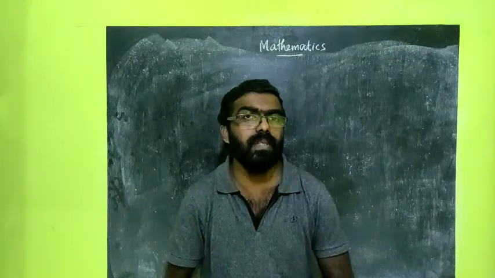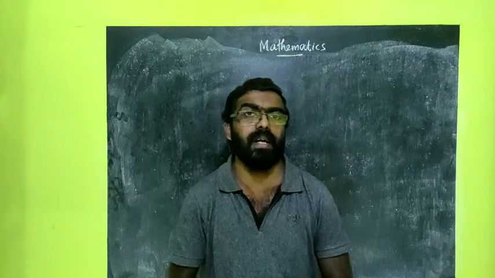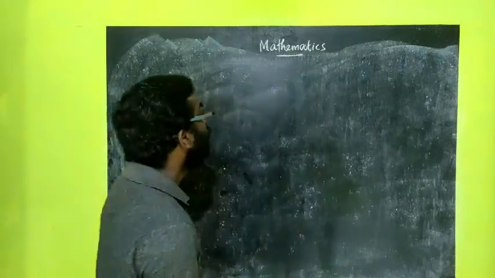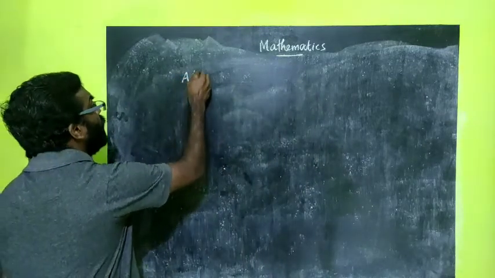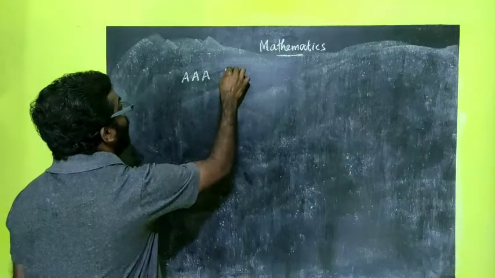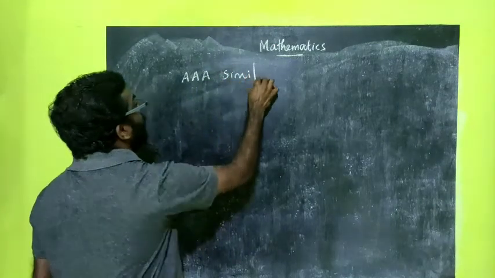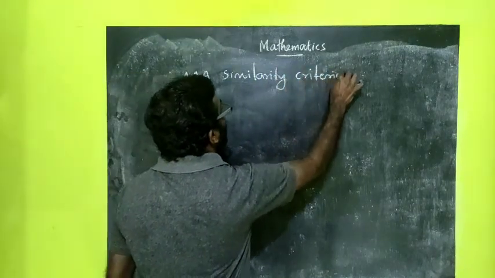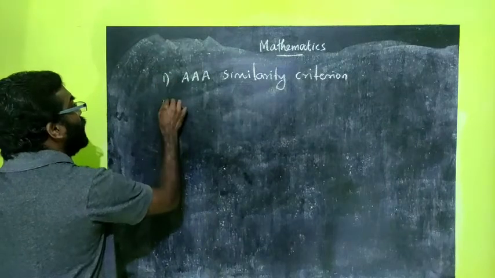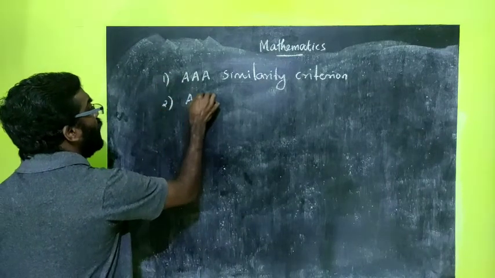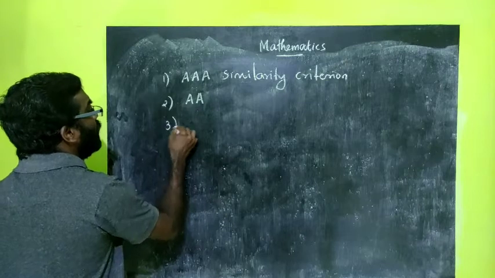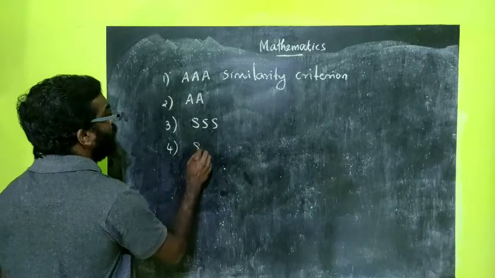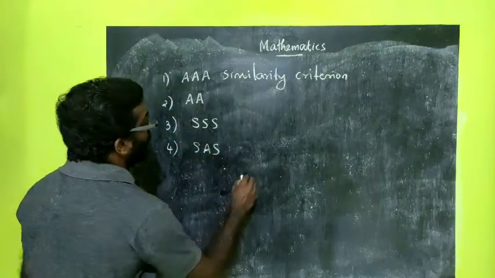In this session we are going to discuss criteria for similarity of triangles. So here we have different similarity criterions, namely AAA similarity criterion, then the second one is AA similarity criterion, then SSS similarity criterion, and another one is SAS similarity criterion.